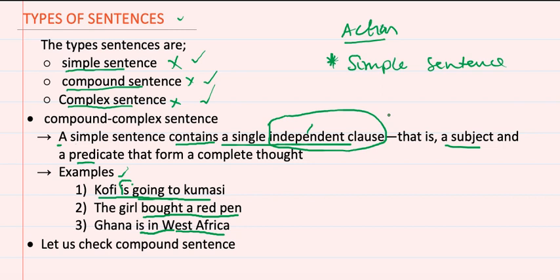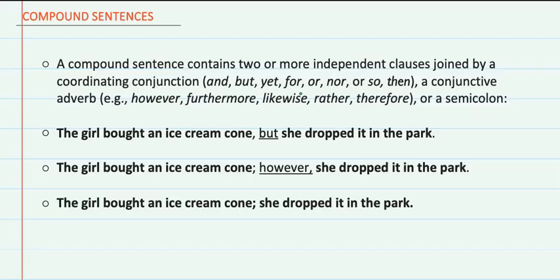So with this, let's look at compound sentences. With the compound sentence, it contains two or more independent clauses joined by a coordinating conjunction.